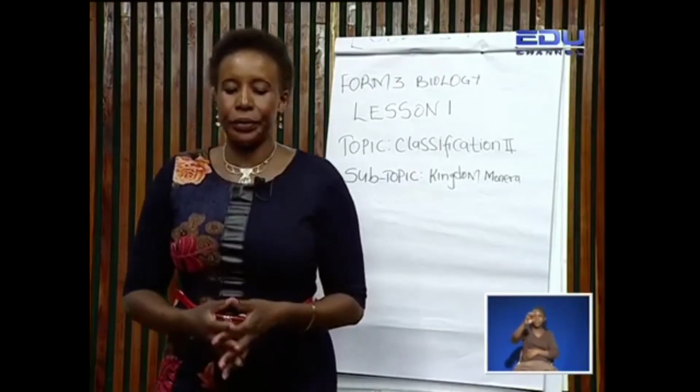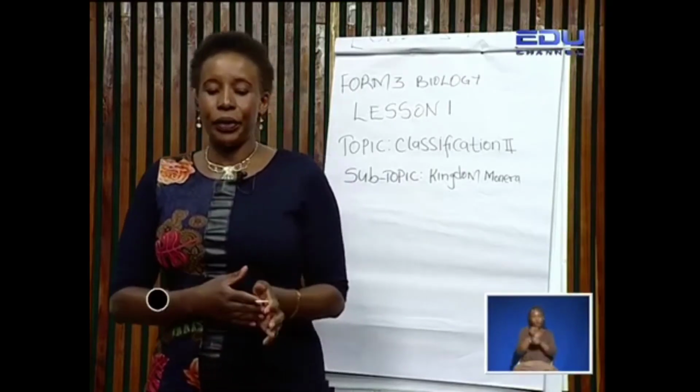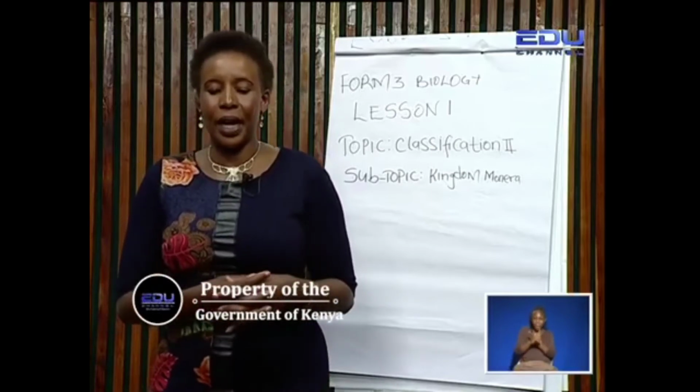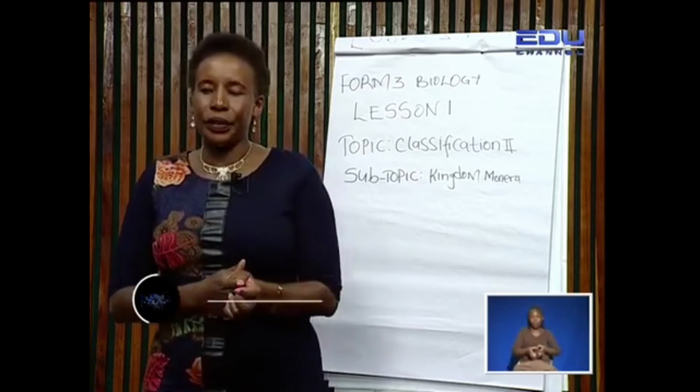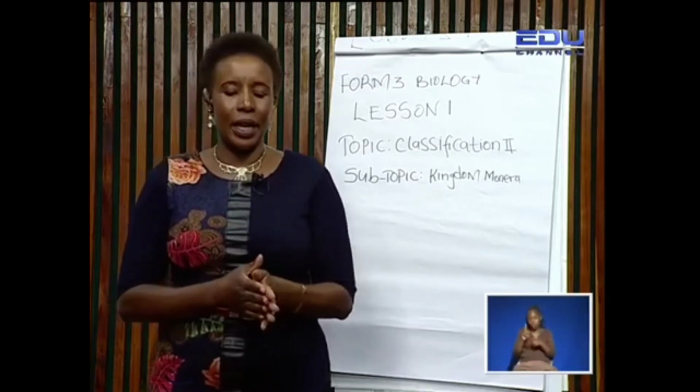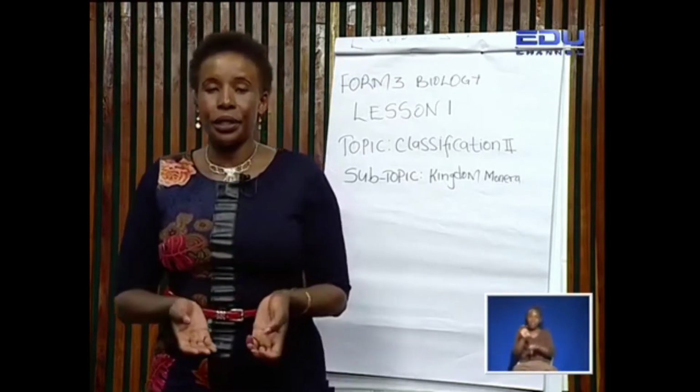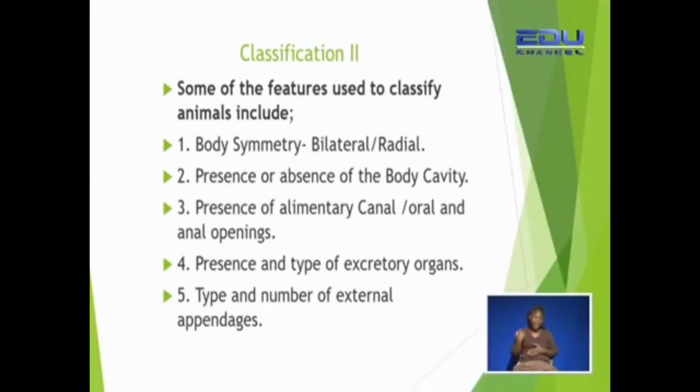So we have different features that are used to classify these living organisms. Some of the features used to classify animals includes, number 1, the body symmetry. So some of the living organisms have bilateral symmetry.